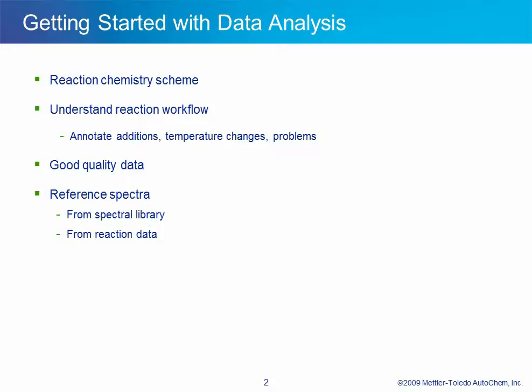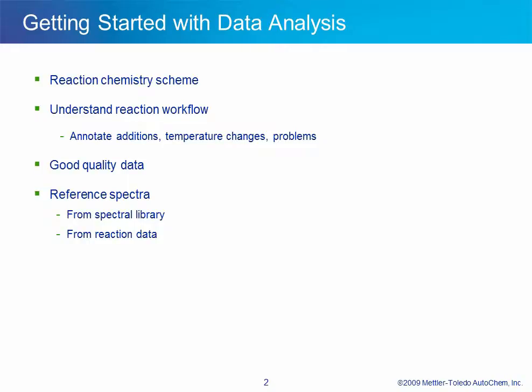It's also good to understand the reaction workflow. And what I mean by that is what temperature changes are going to take place, what additions are going to take place over what time frame, or will they be a manual addition. And, which I'm sure you learned in the previous webinar, we highly recommend that you annotate these additions, these temperature changes, as well as any problems.